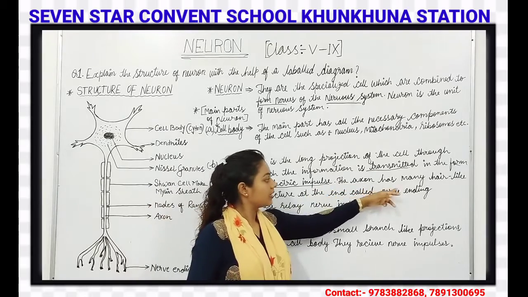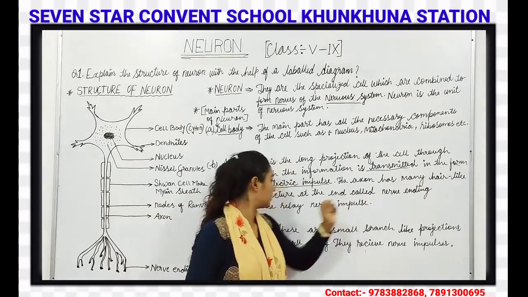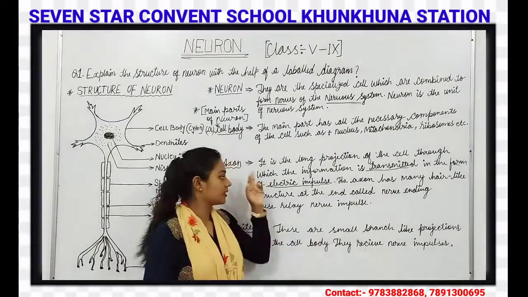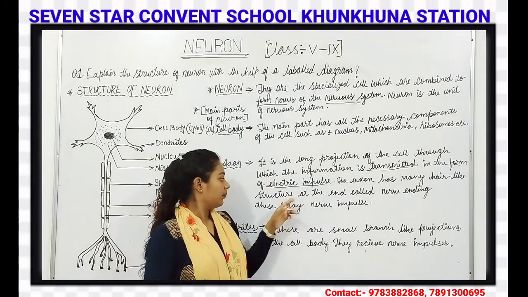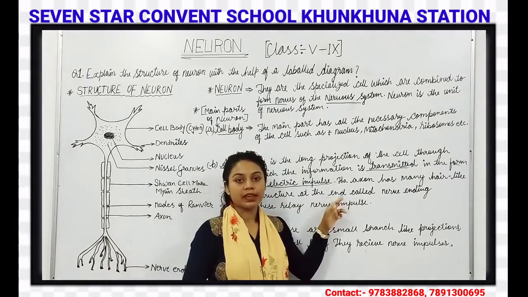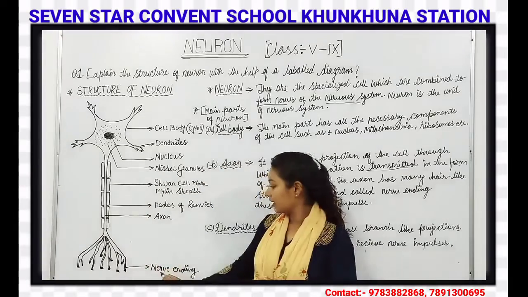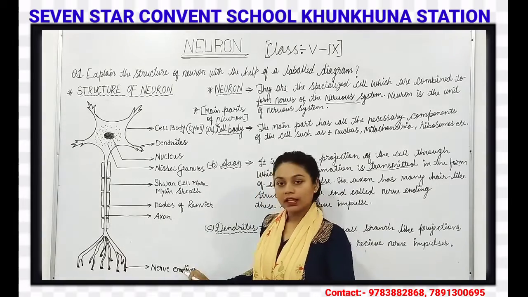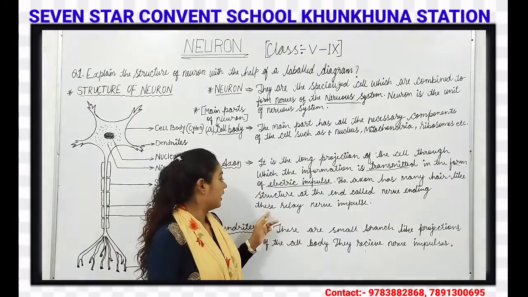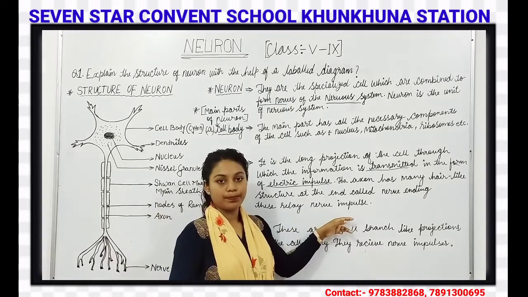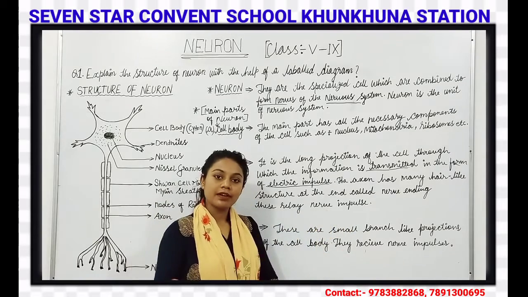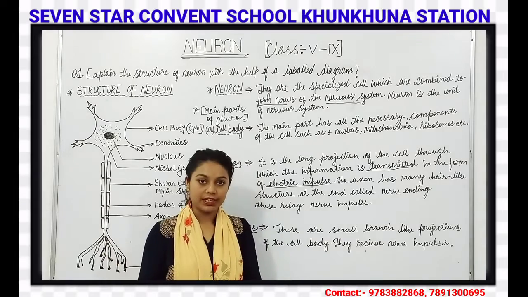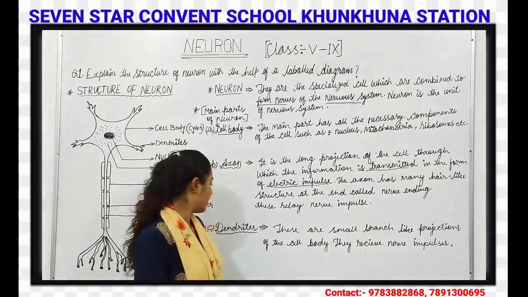The axon has many hair-like structures at the end called nerve endings. It relays the nerve impulse, that is, it takes the message away from the neuron.